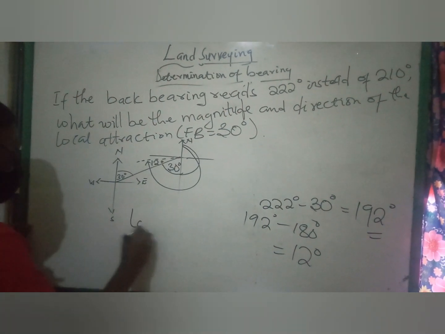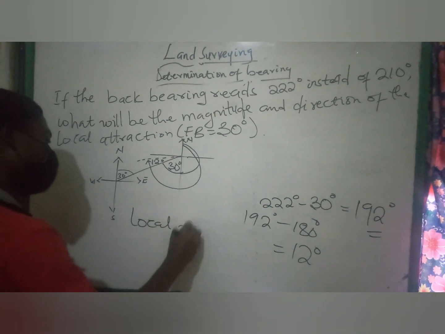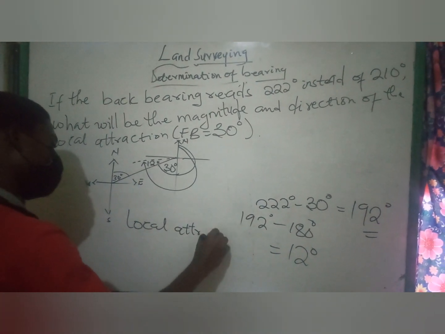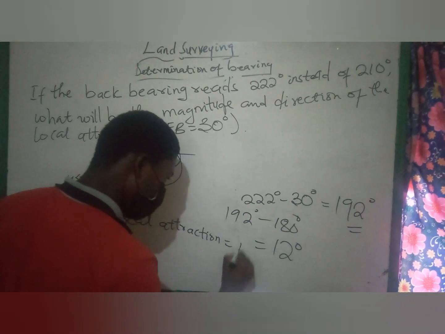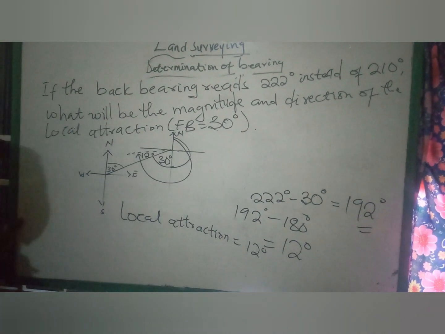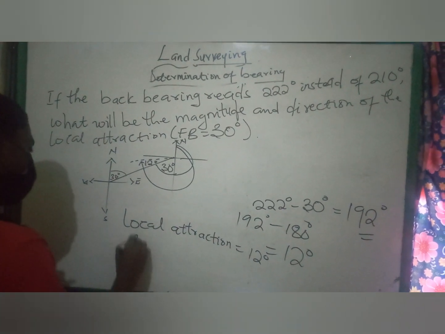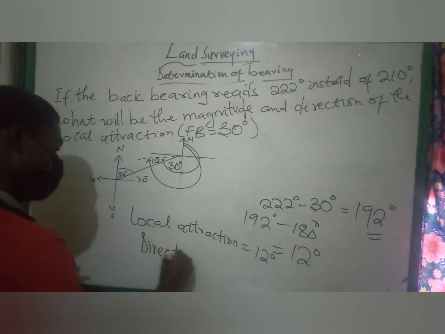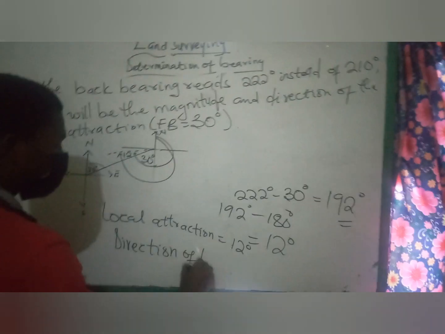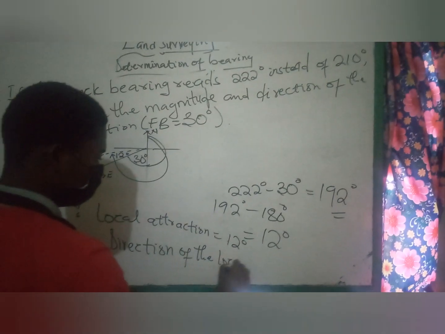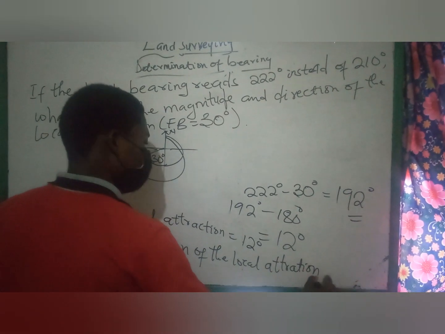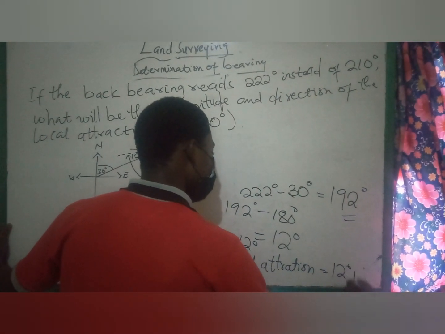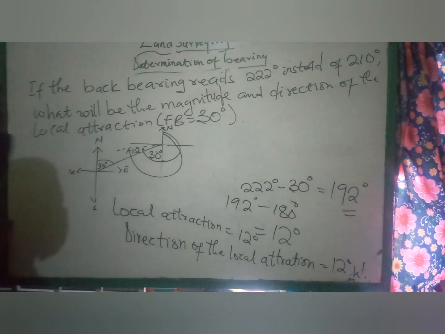So you come down and see local attraction is equal to 12 degrees. Now this becomes the magnitude, and the direction of the local attraction becomes 12 degrees west. Perfectly done.